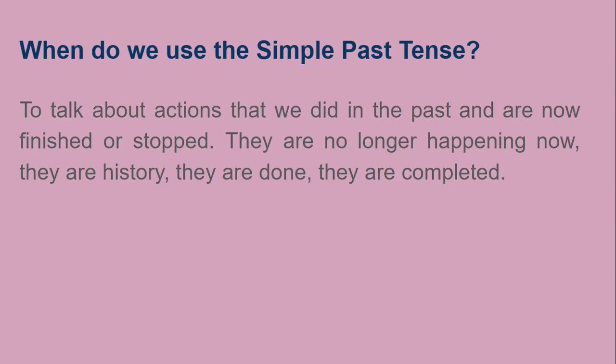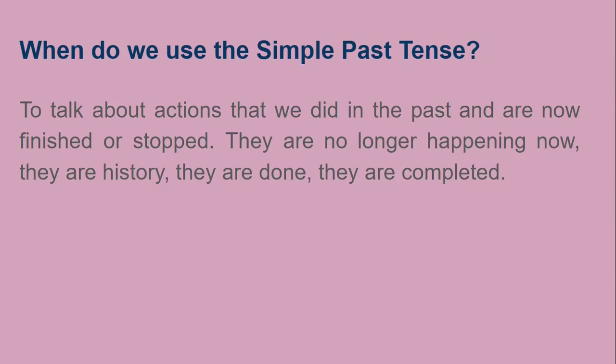So now that we know when we use the simple past tense, we can move to the different types of sentences that, of course, we can have under the simple past tense. We are going to look at the 8 types of sentences like we did with the simple present tense.